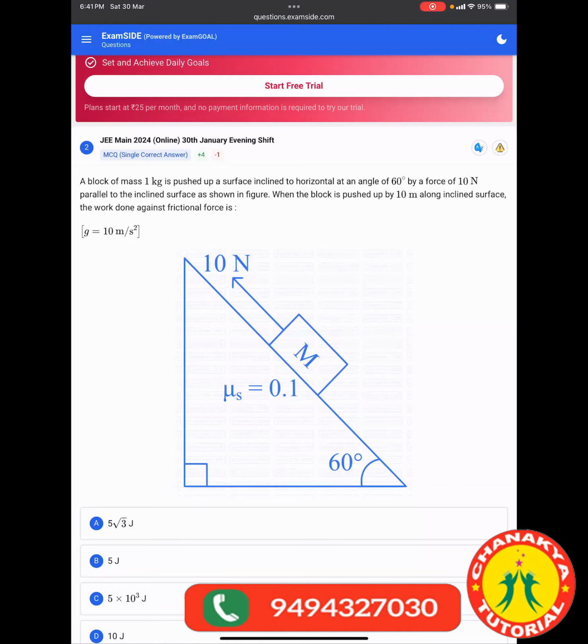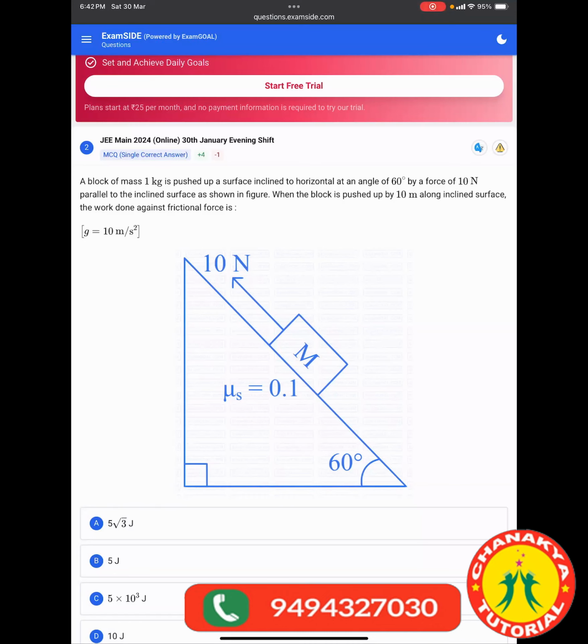What does that mean? Who is doing the work done against friction? Tell me, guys. Is friction acting down or up? Anybody please confirm. Friction is acting down.